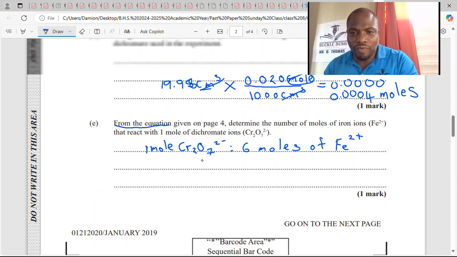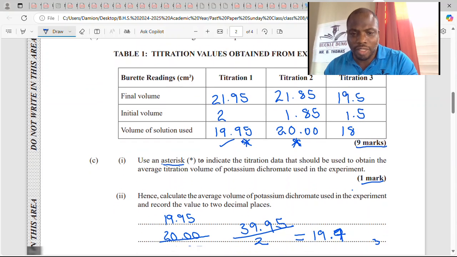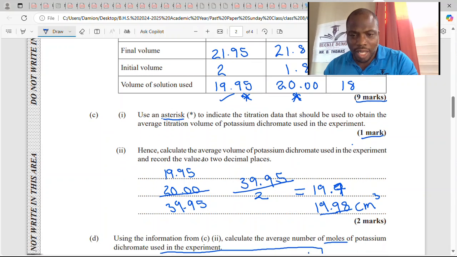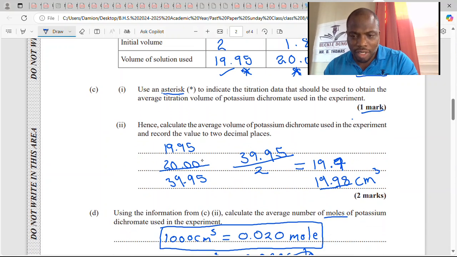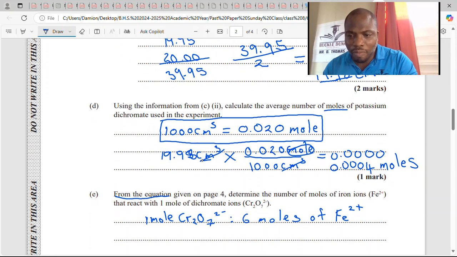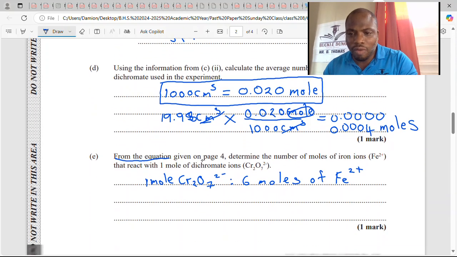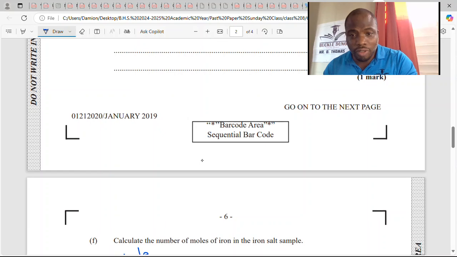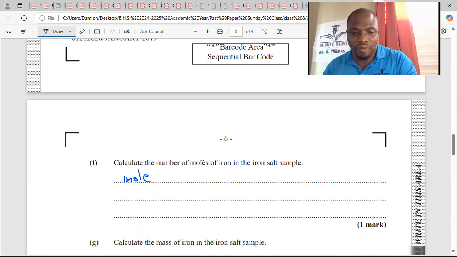Look at the trend right here. This table where we work out all of that, we use right here, get the number of moles, and then we use the equation to get the mole ratio, and we are going to use this mole ratio to get the number of moles of iron.